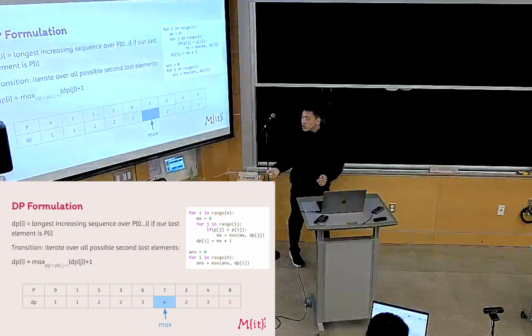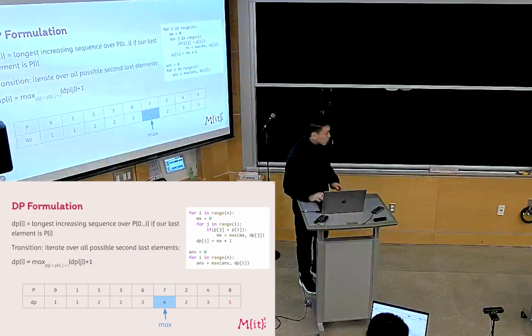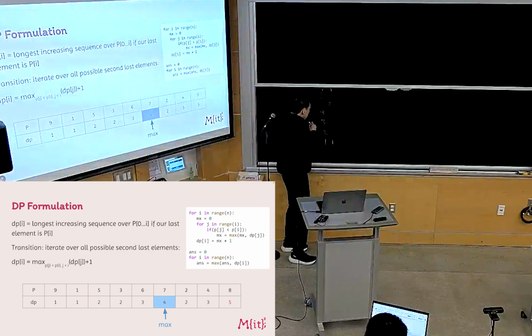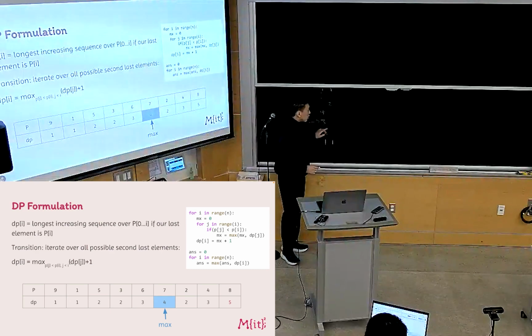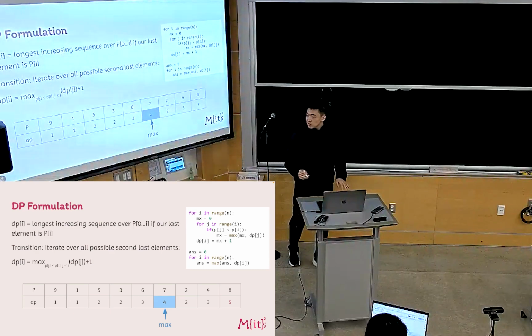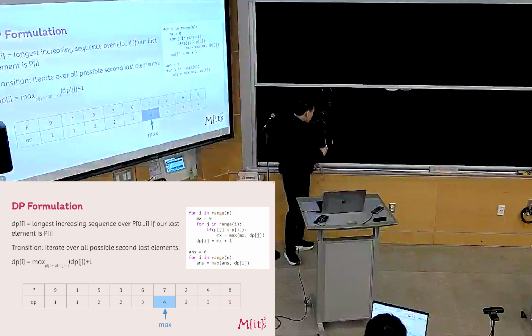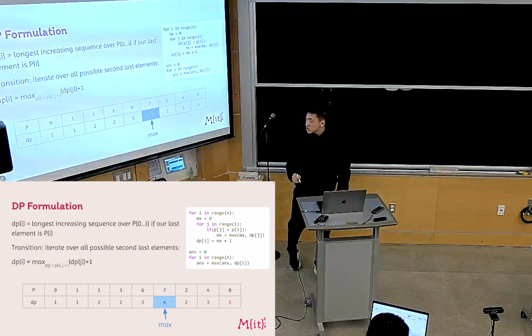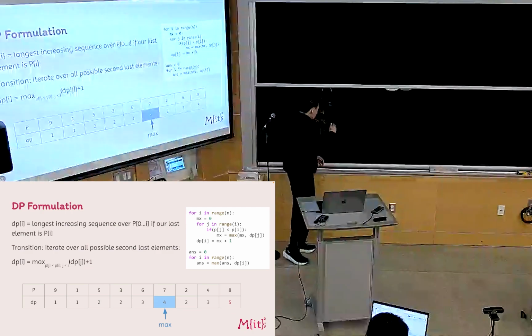If we wanted to query, let's say we're at 3, what would the dp value here be? Well, it would just be the maximum over all the dp values here. The maximum over this range is 1, so the dp value is 2.